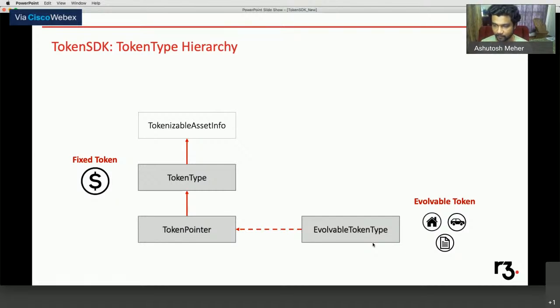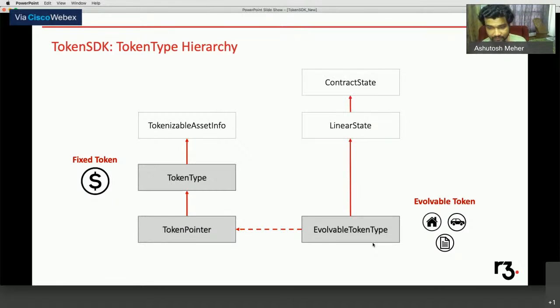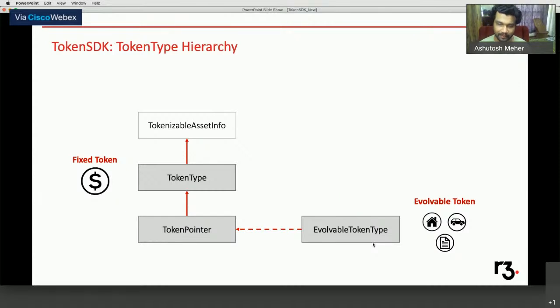Now, if the vehicle is directly embedded onto the evolvable token, that means that whenever there is a change, I have to update all these tokens, for all the people who own those issued tokens. That also needs to change, which is really tedious. If I change something on the underlying type, I would have to change everything for everyone who is holding that token, which is a tedious task.